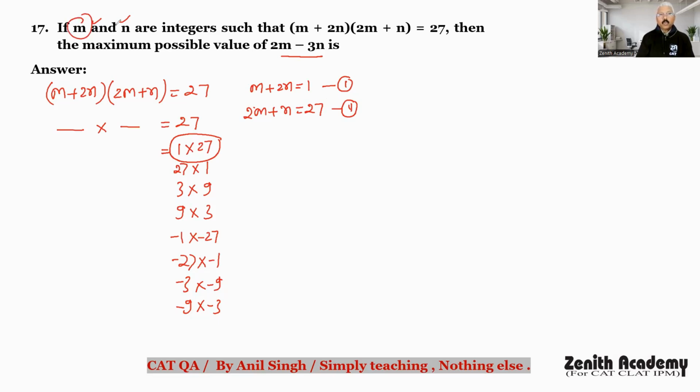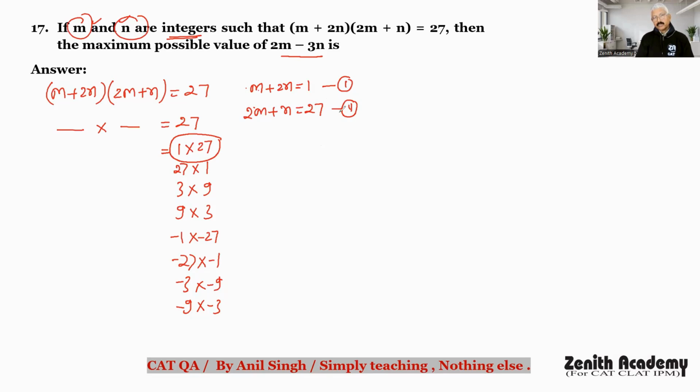M and n both are integers. Look here, the coefficient of m is 1 in equation 1 and 2 in equation 2, and the coefficient of n is 2 in equation 1 and 1 in equation 2.